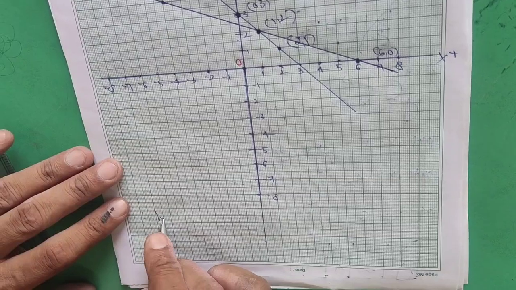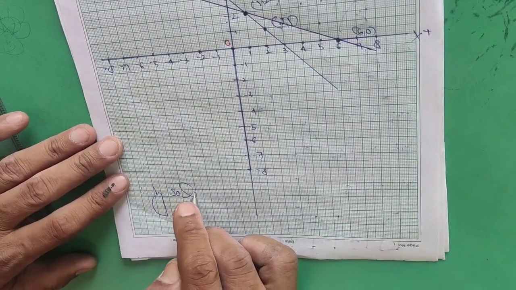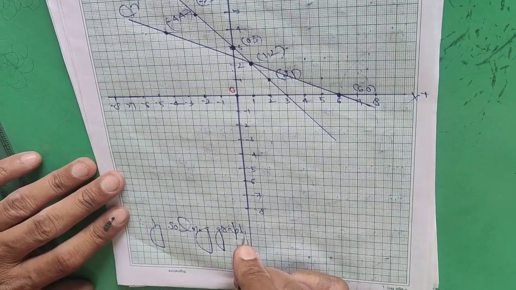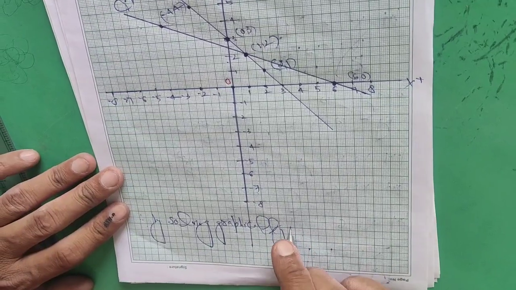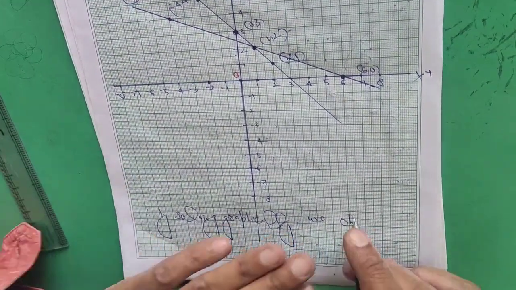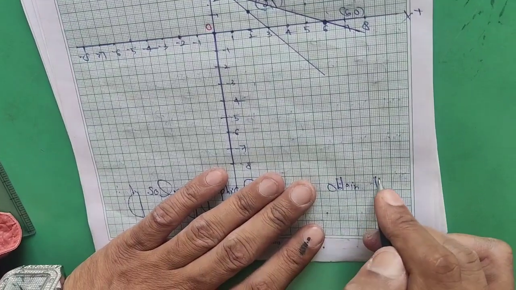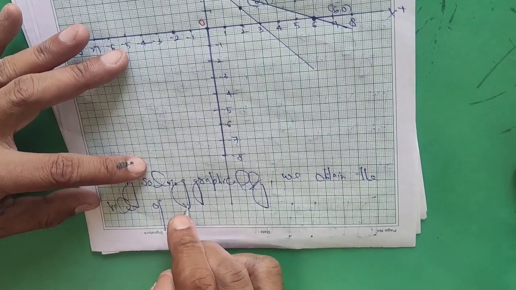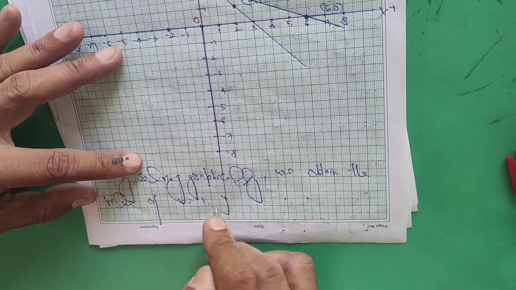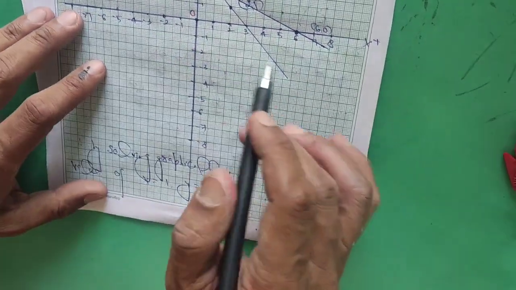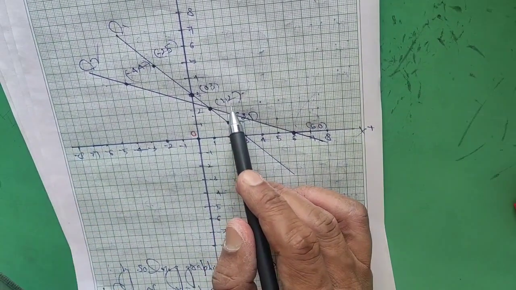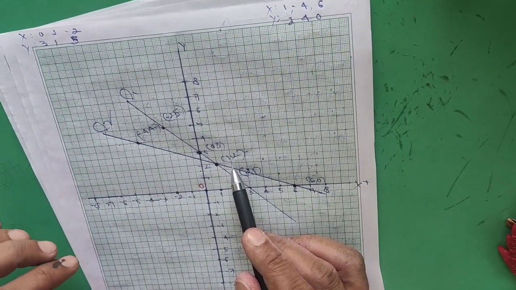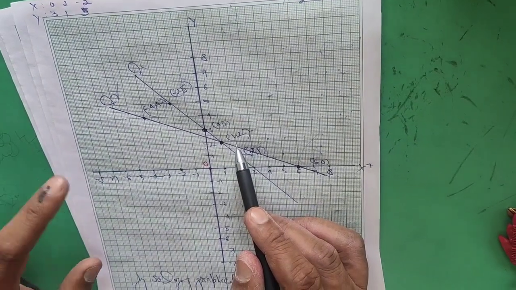Therefore by solving graphically, we obtain x equal to 1 and y equal to 2, because in any two-dimensional diagram the first coordinate is always the value of x and the second is always the value of y, and in three dimensions the third is the value of z.